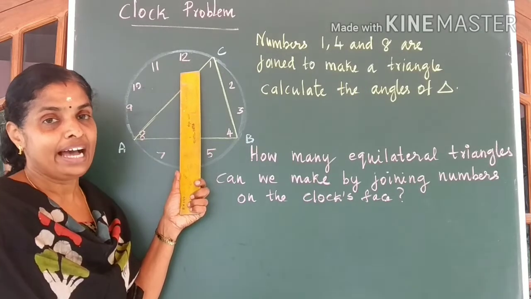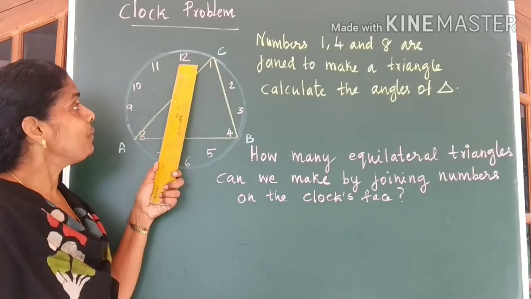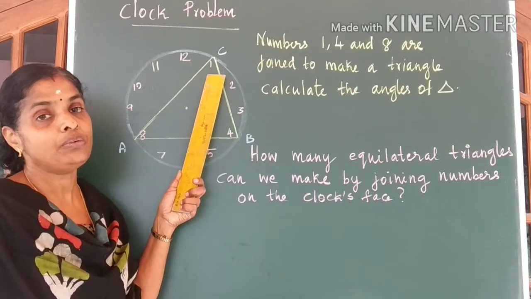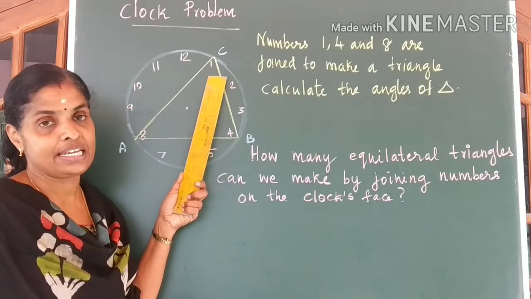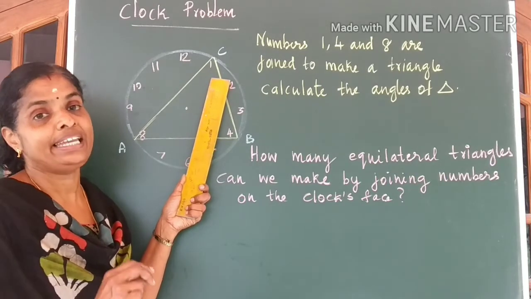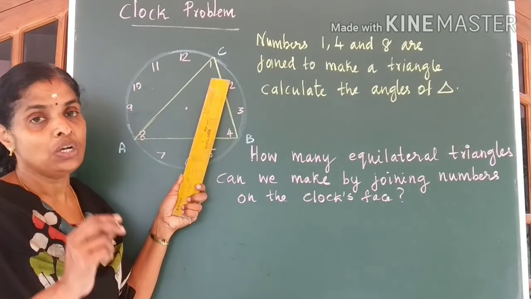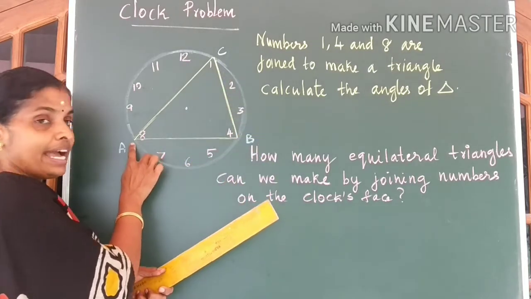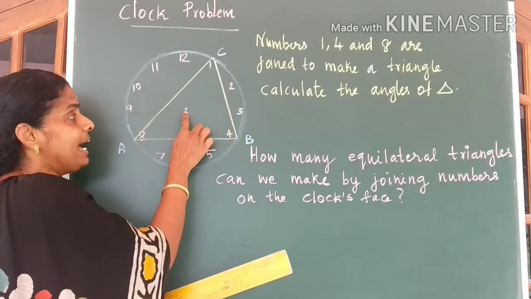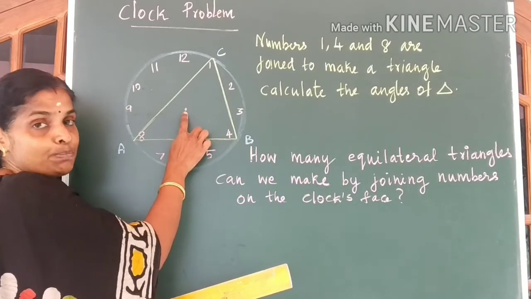So, the angle between two consecutive numbers will be equal to 360 divided by 12, which gives you 30 degrees. Do you understand? So, to get angle A, let us find the central angle at this point.